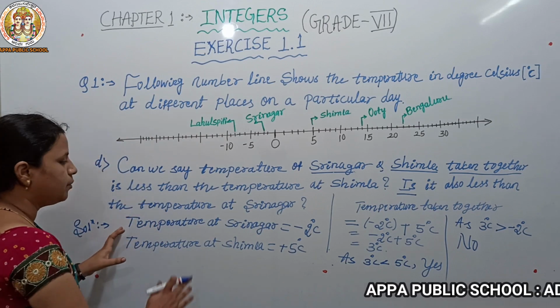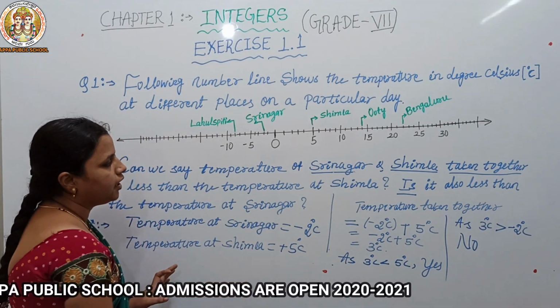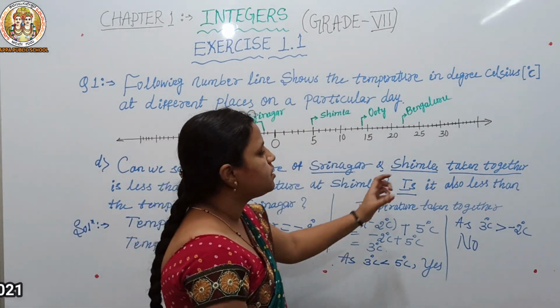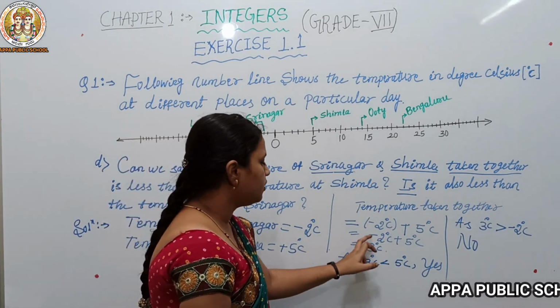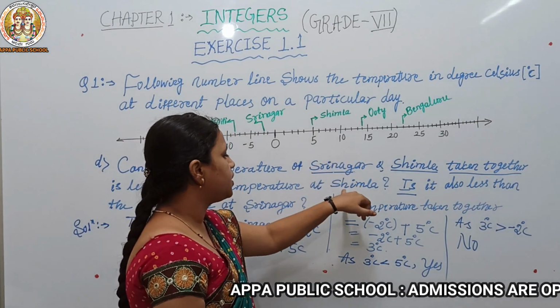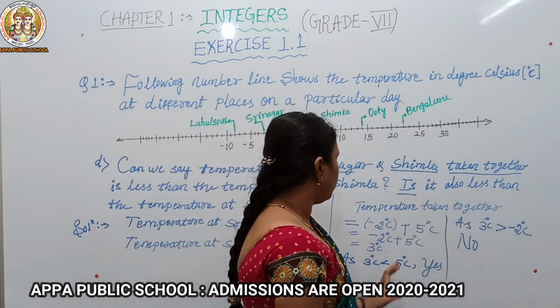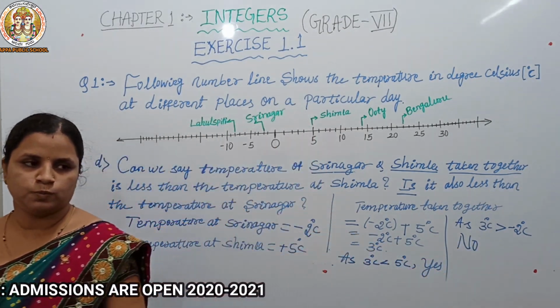First, write down the temperature at Srinagar and afterwards the temperature at Shimla, and then the temperature taken together. What you have to do is just add those two temperatures. You will get the result. We have to compare this result separately with the temperature at Shimla and the temperature at Srinagar. With this, we got the answer: the first one is yes and the second is no.